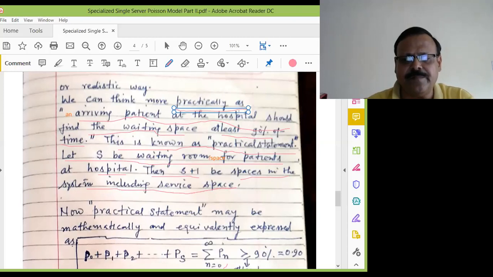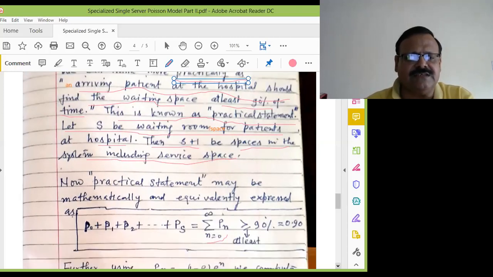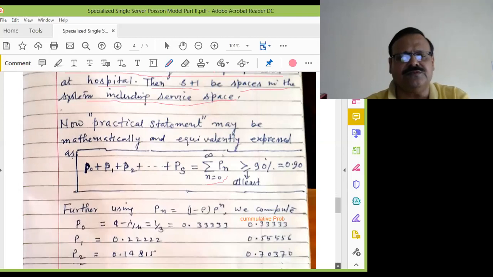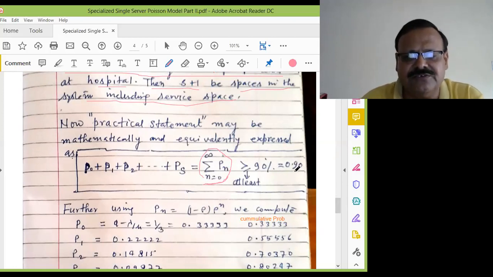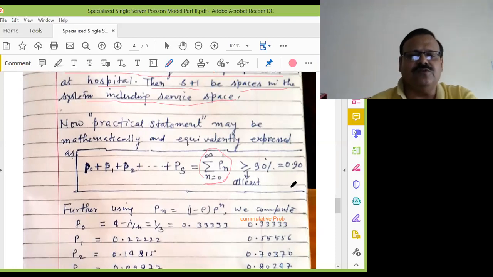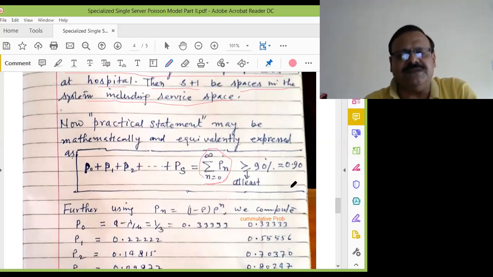So from the practical statement, the sum of total probabilities must be greater than or equal to 0.90, meaning 90% of the time. This is the corresponding equivalent mathematical statement.